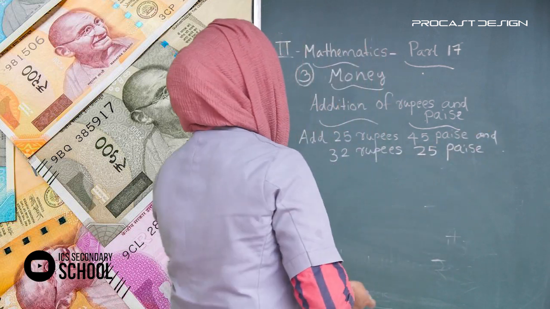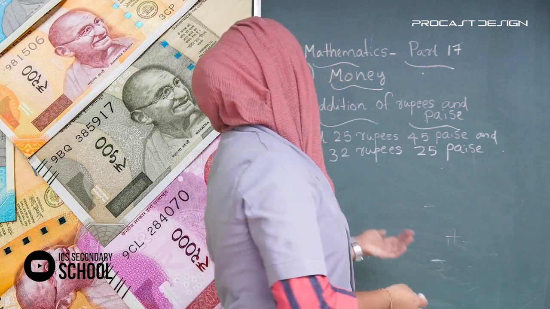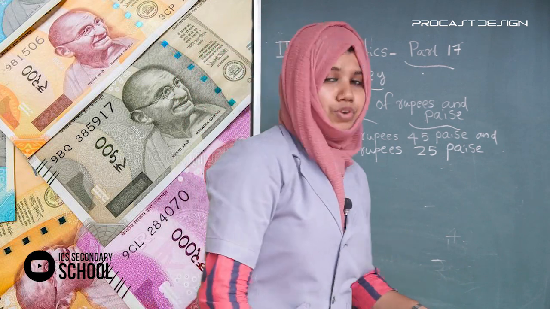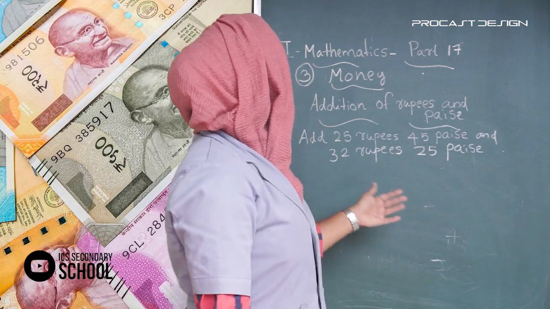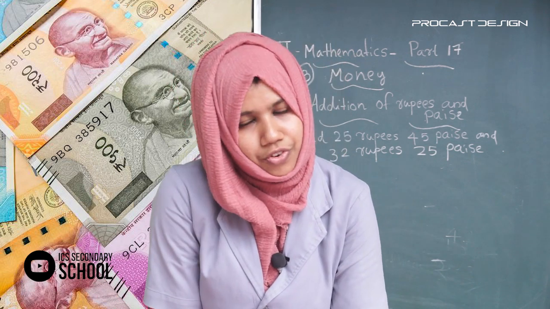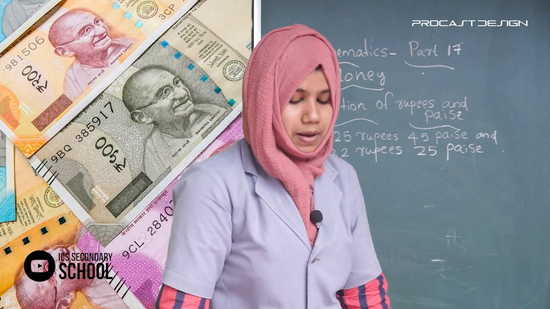So this is your question. Add 25 rupees 45 paise and 32 rupees 25 paise. How to add these numbers?